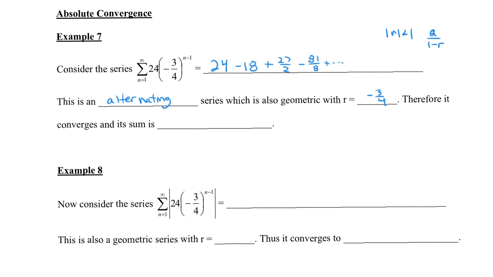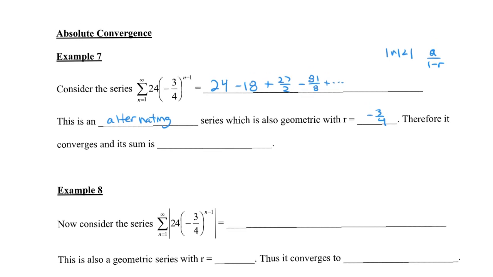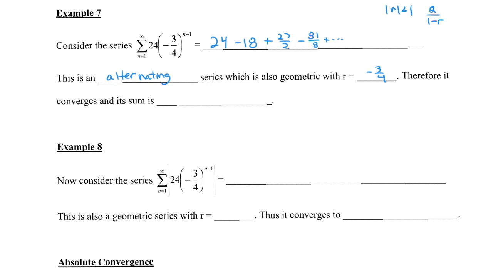So its sum is going to be 24 divided by 1 minus 3/4, which is 24 over 7/4, which is equal to 96 over 7.